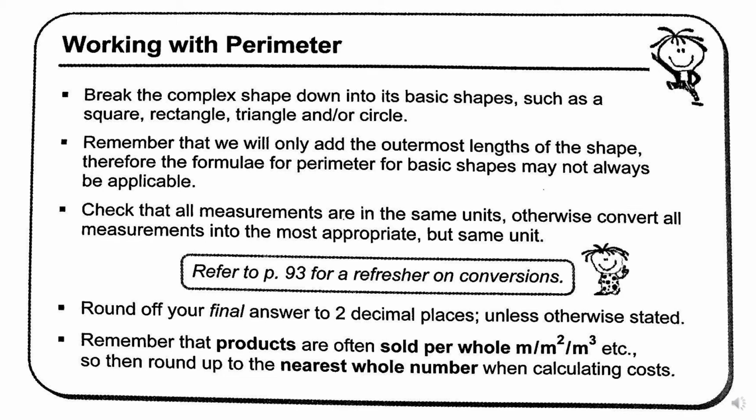Round off your final answers to 2 decimal places unless otherwise stated. And remember that products that are sold in terms of length will be sold per whole meter or meter squared or cubic meters. So you have to round up your answers when calculating costs.